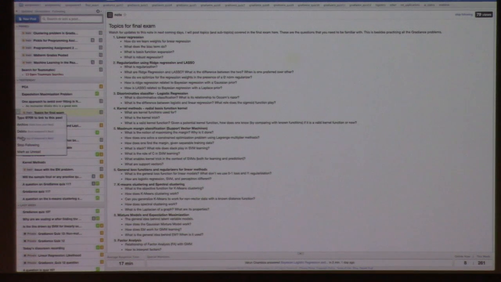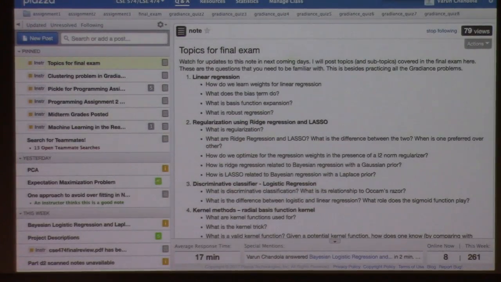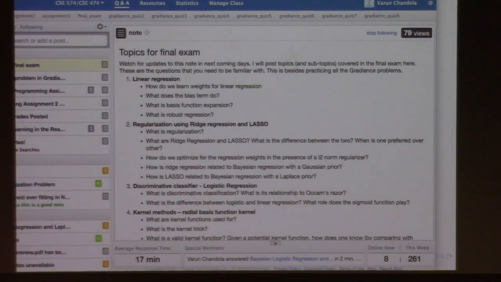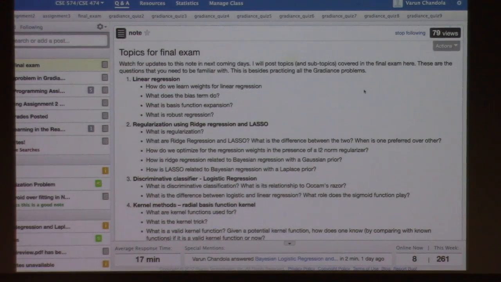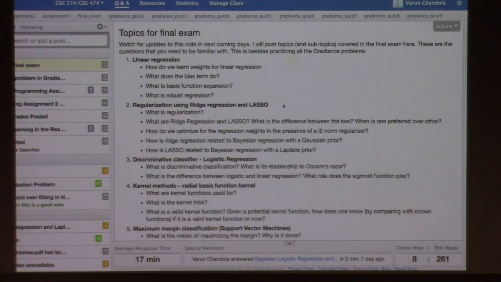Pin it. I would suggest that after this class you look through these topics. Clearly 79 people have seen it. These are the different things we covered, and these are different questions that I could base the finals questions on. So just quickly going through that.